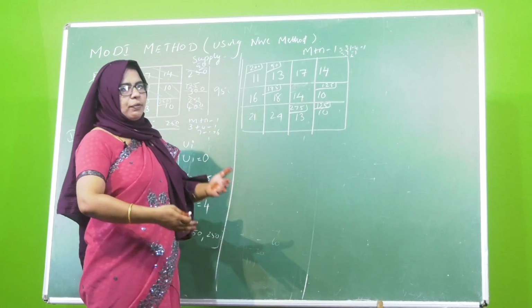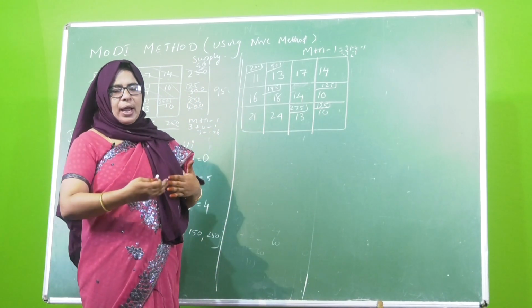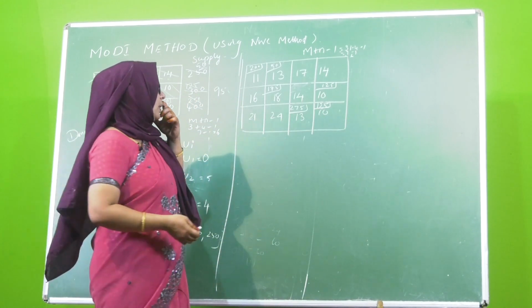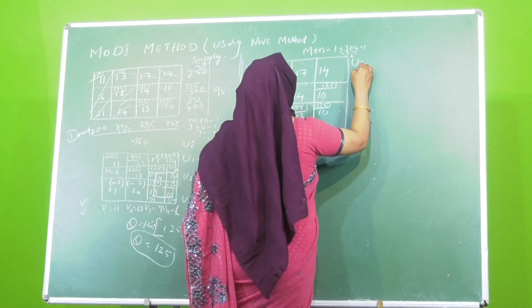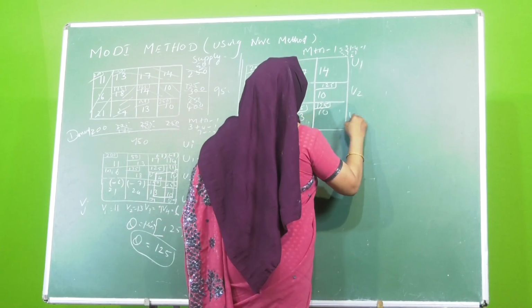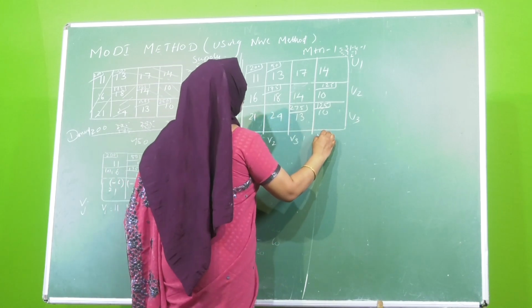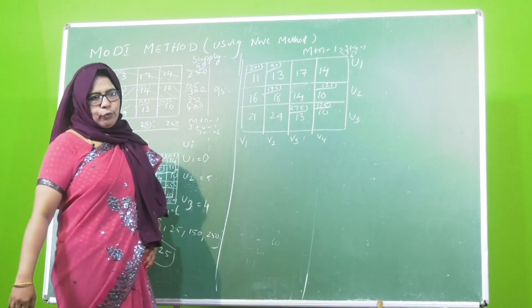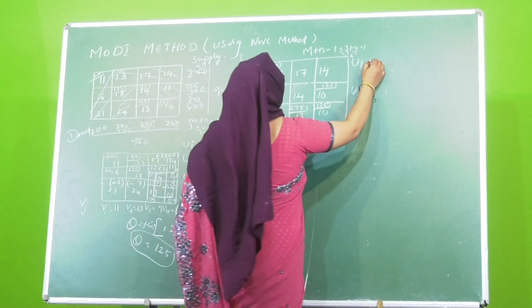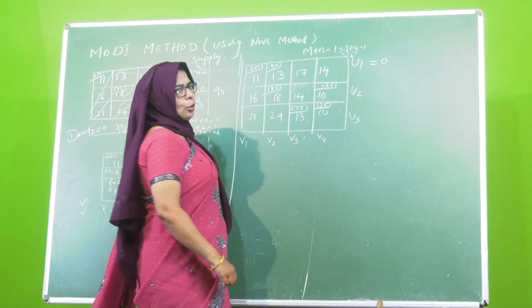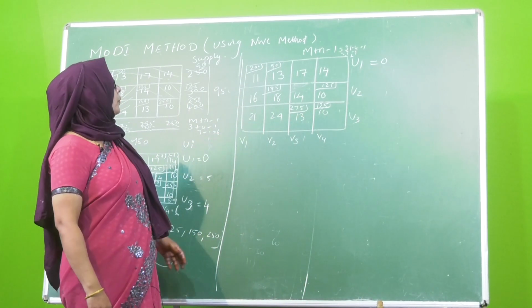The remaining steps we proceed the same way as in the previous step, with U1, U2, U3 and V1, V2, V3 and V4. U1 equal to 0.